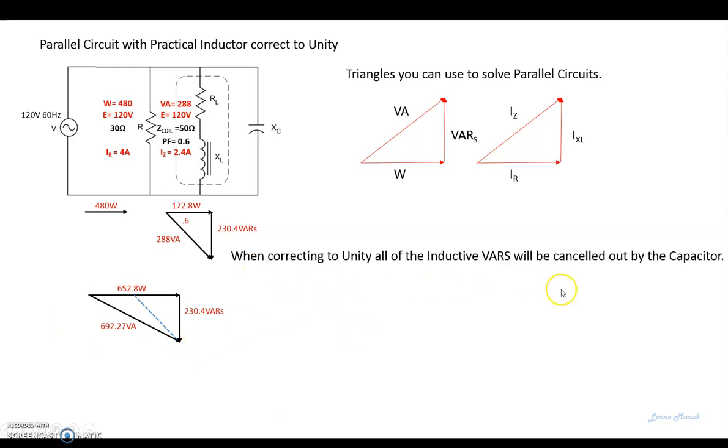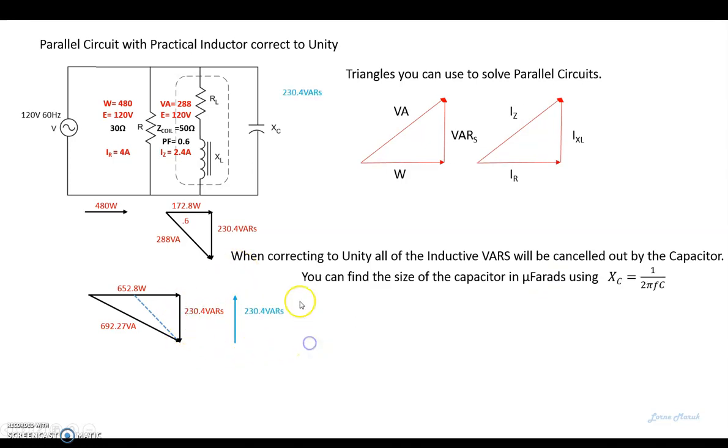But when correcting to unity, all of the inductive VARs will be cancelled out by the capacitor. So our arrow points up in this case. We're cancelling out our inductive VARs with the exact same value, which is written up here. And we can now find our size of capacitor in microfarads using our XC equals 1 over 2 pi FC formula.